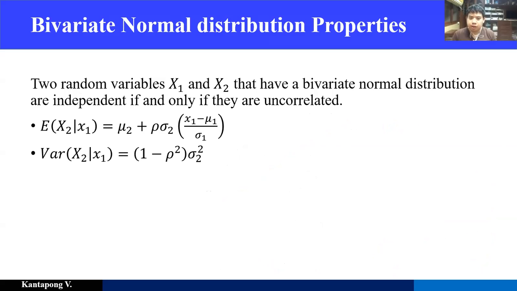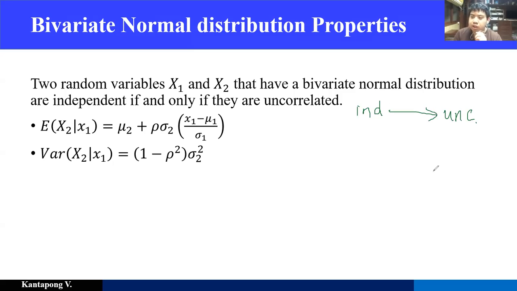And these are the properties. Let's say the first property first. For the normal, usually in chapter 4, I have said that independence implies uncorrelated, but uncorrelated does not imply independence, right?